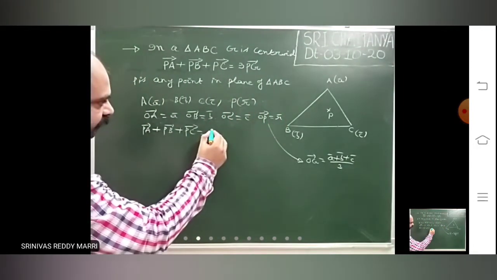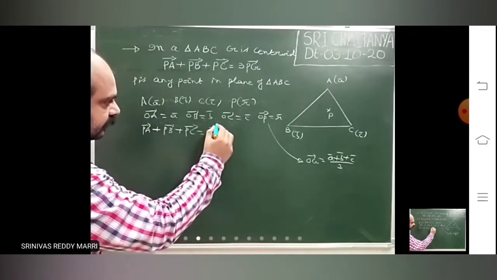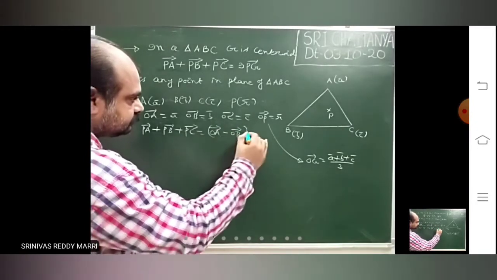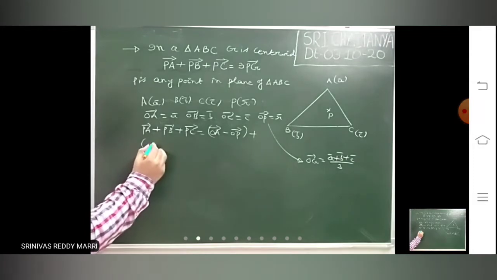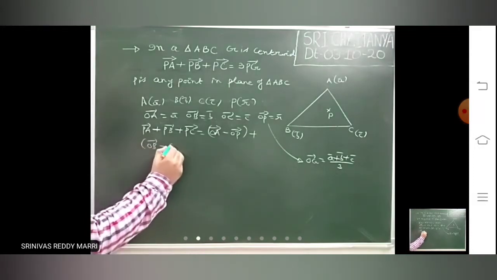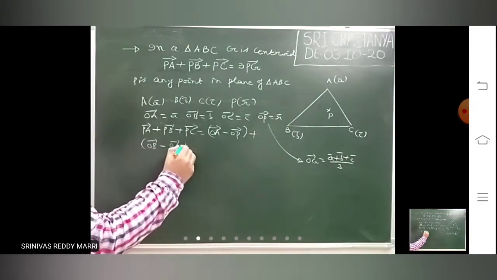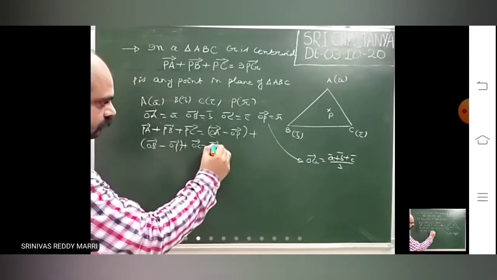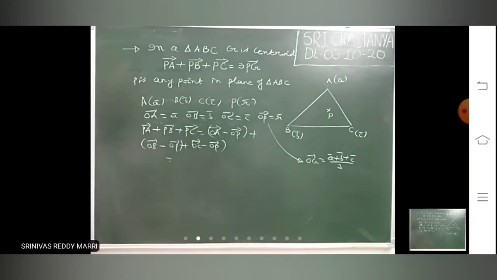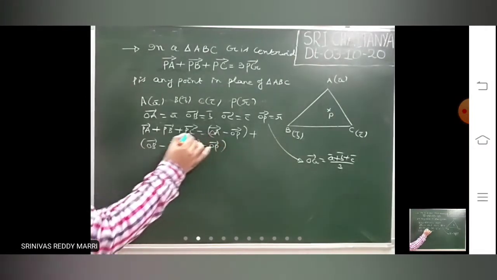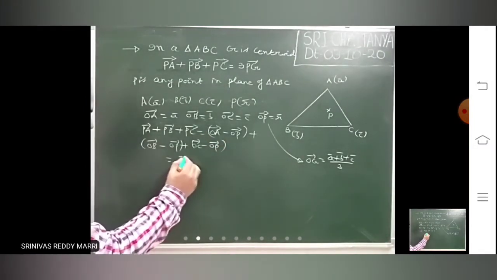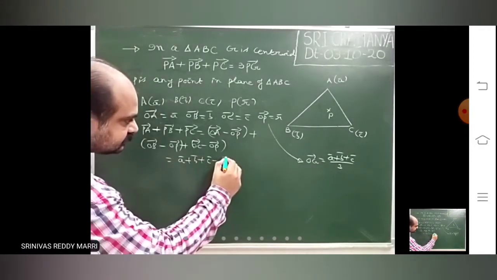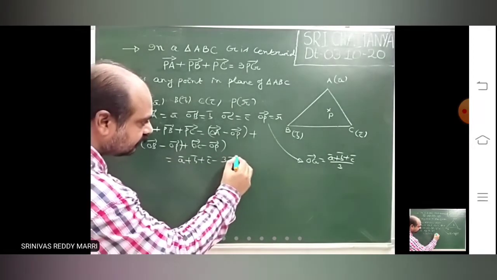So we write A bar, B bar, C bar minus 3R bar.